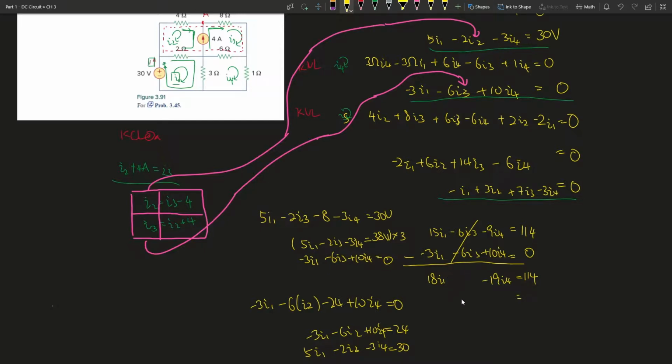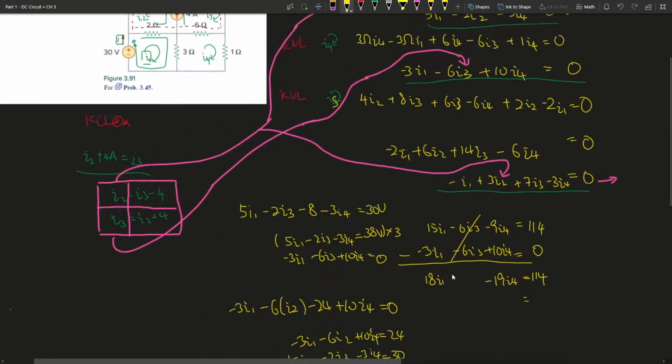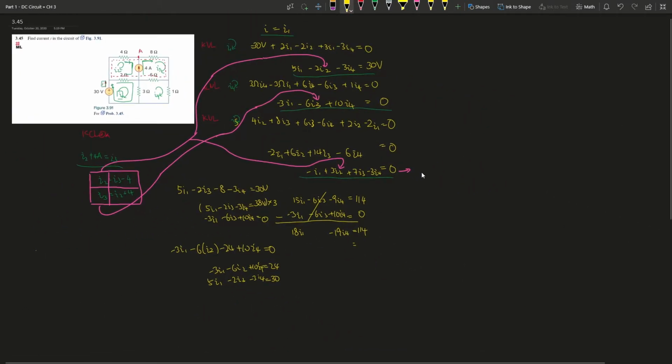Well, we can apply this I2 in here and then get rid of something. Let's see. So this would become, zoom out a little bit, negative I1 plus 3I2.